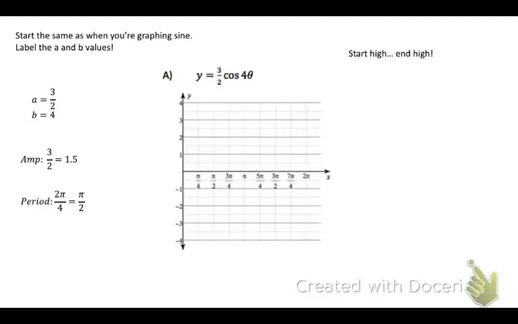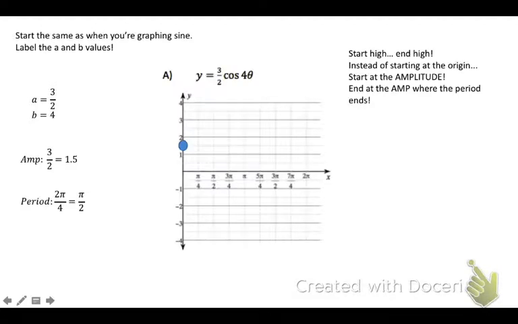Okay, for cosine, you start high and you end high. That's what I want you to remember. Start high, end high. So instead of starting at the origin like we did on sine, we start at the amplitude. So my amplitude is 1.5. So I'm going to go up to 1.5, draw a point right there. And then my end point is also at the amplitude, and it's where the period ends.